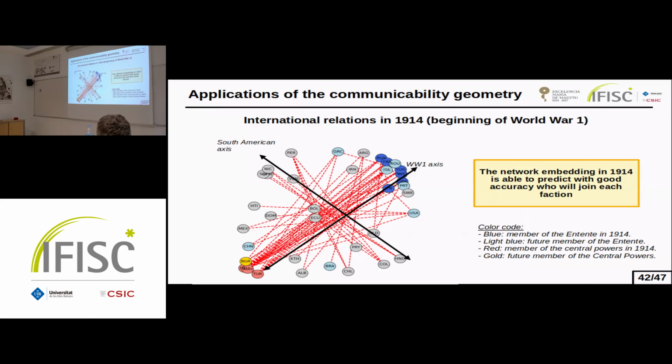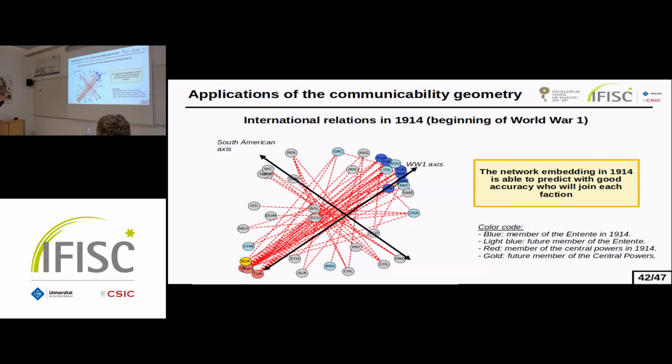More surprisingly, the countries that declared war later, so the countries whose war declaration is not included in the network of 1914, are also clustered together in the correct faction, except for China and Brazil. So even though we still don't have the information about 1915, we can predict with reasonable accuracy which faction they will join just based on the network of their alliances and conflicts.